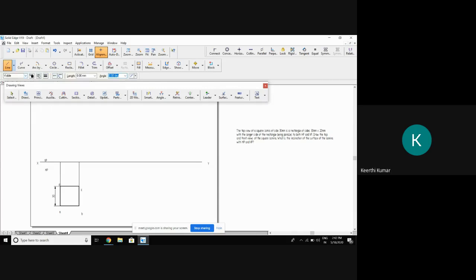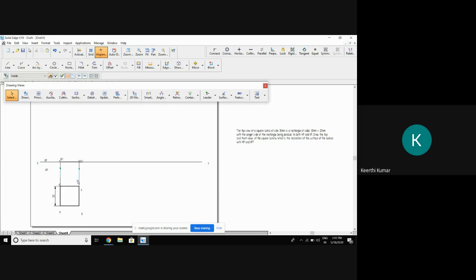Then you draw the line in the front view, a thick line. The name of this is A dash, B dash, and within a bracket C dash, D dash. So this completes the first position, front and top view. You show the leaders also, arrow marks also.